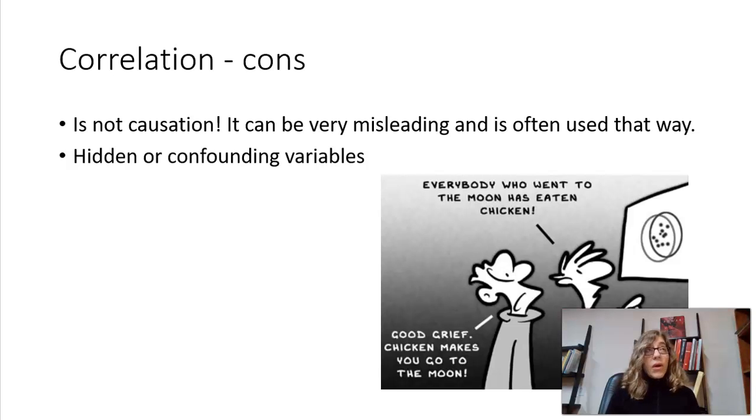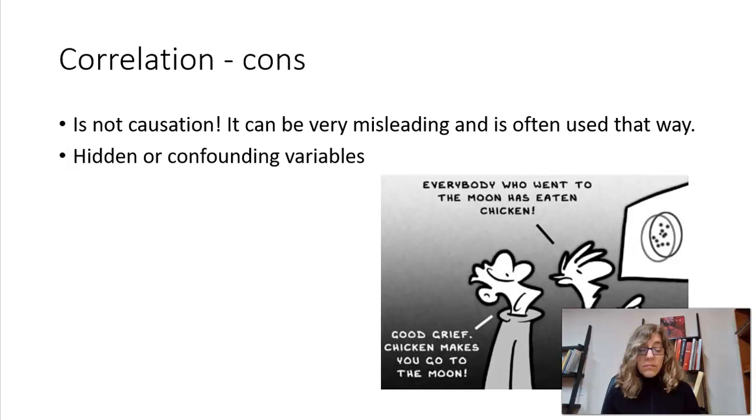So if I tell you, and this is a true one, couples living together before getting married is correlated with divorce. Couples who live together before they get married, as that increases, so does divorce in that group.